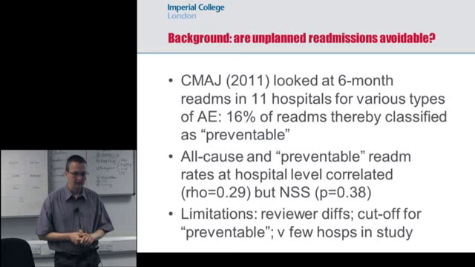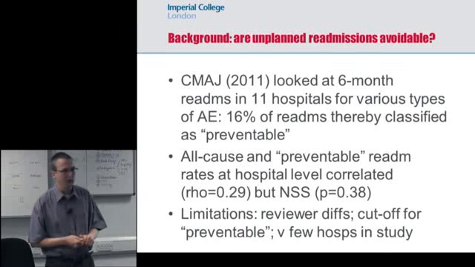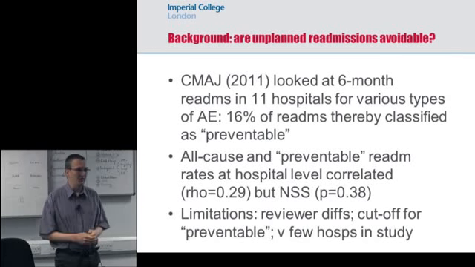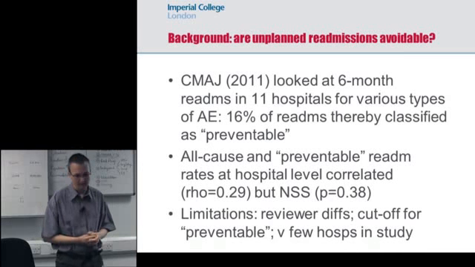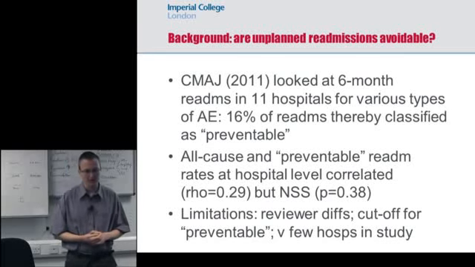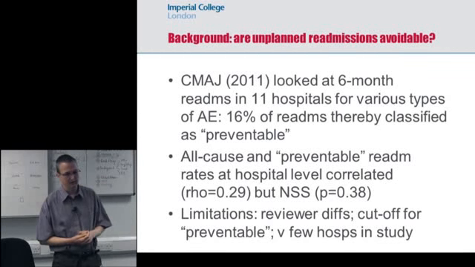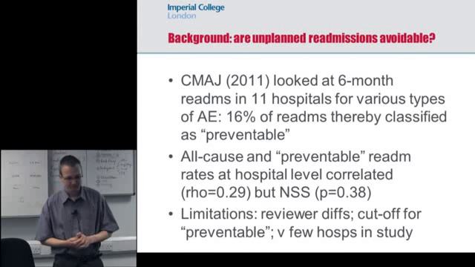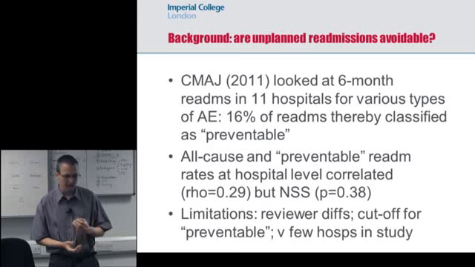So are readmissions avoidable? If they're not avoidable, there's not a whole lot of point in trying to do quality improvement projects to try to reduce readmissions. So here's a fairly recent high-profile study that's trying to look at 6-month readmissions in 11 hospitals for various types of adverse events.